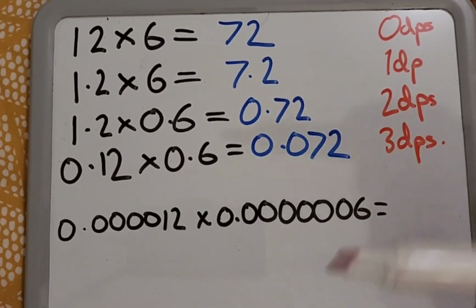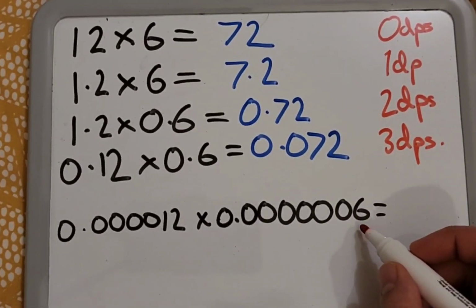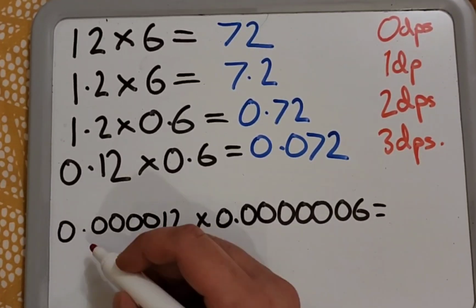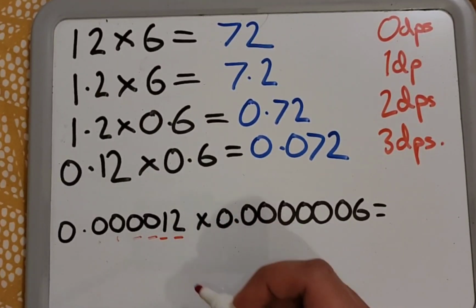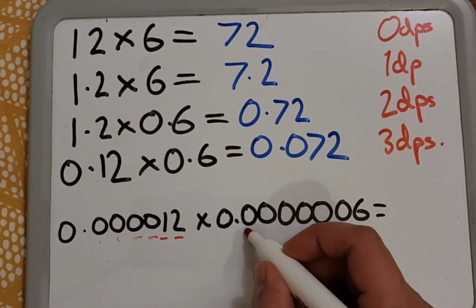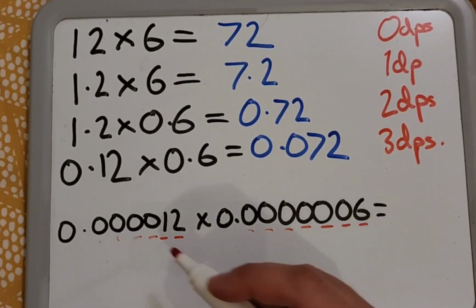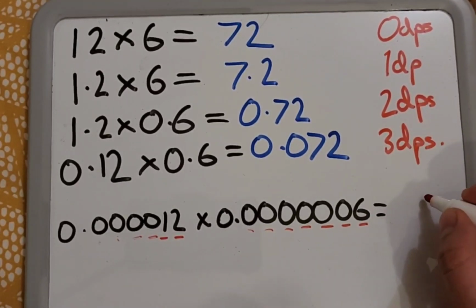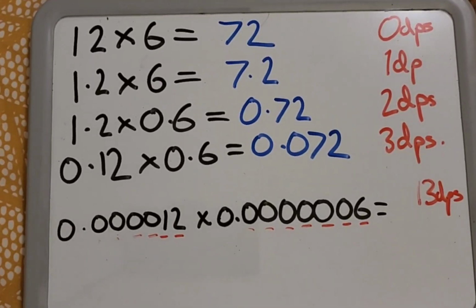Again, we count the decimal places in the question the classic way. In this number we have 1, 2, 3, 4, 5 and 6, and here we have 1, 2, 3, 4, 5, 6 and 7. So 6 in this number, 7 in this number. Altogether we have 13 decimal places in this question.